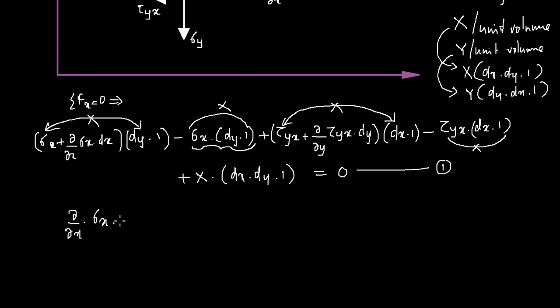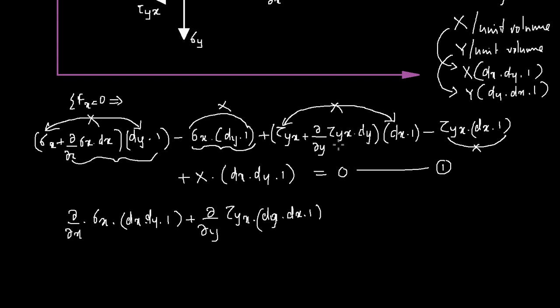∂ by ∂x of sigma x times dx dy times 1, which is this term here, plus ∂ by ∂y of tau yx times dy times dx times 1, which is this term here, plus x times dx times dy times 1 is equal to 0.